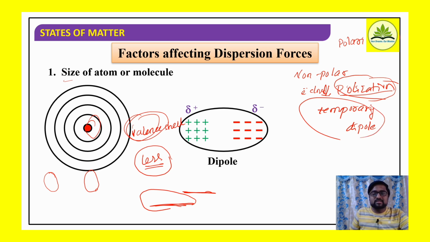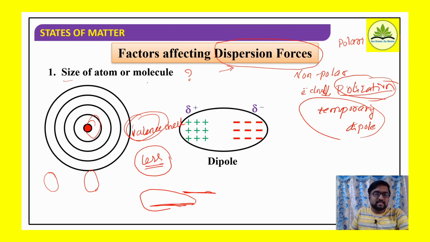Once temporary dipoles are formed, they attract one another, and that attractive force is referred to as dispersion force, or London force.